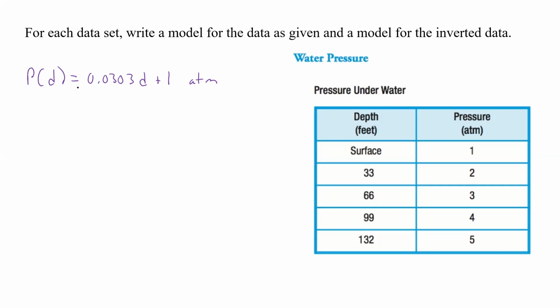So the function P of D has to be in atmospheres. And that's atmospheres at a depth of D feet under, I guess, the sea or under the ocean. Okay. So that's going to be our function for P of D.